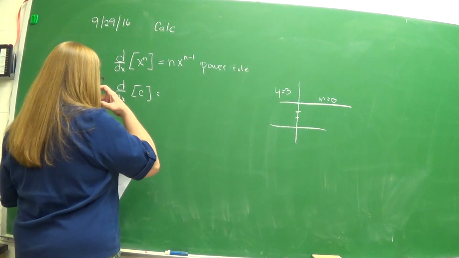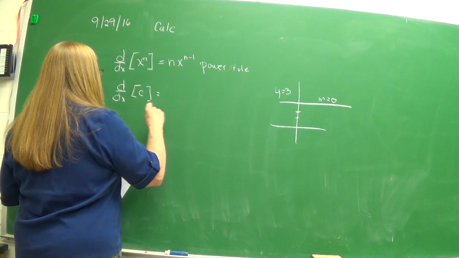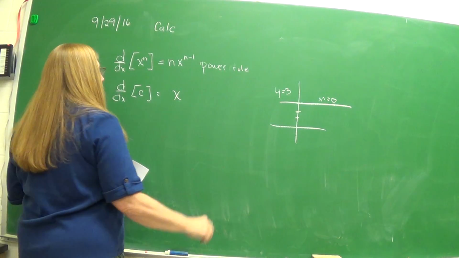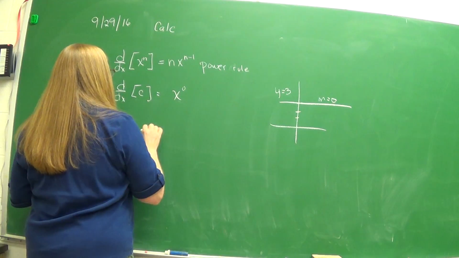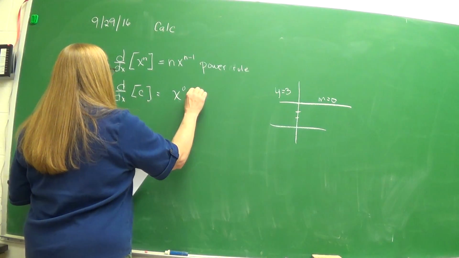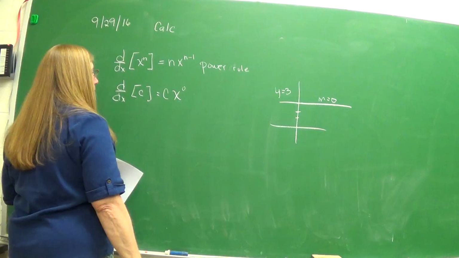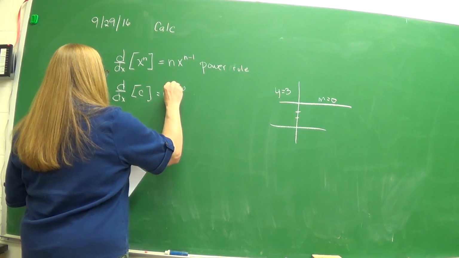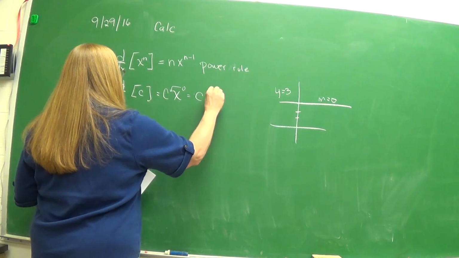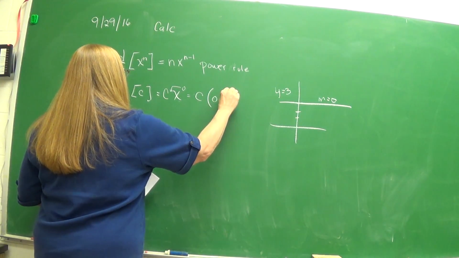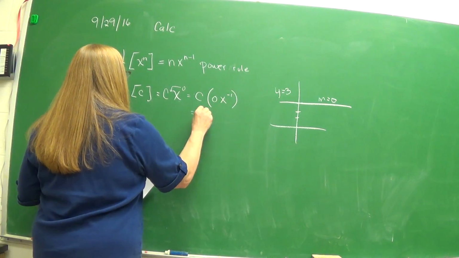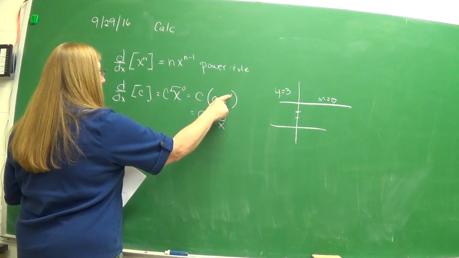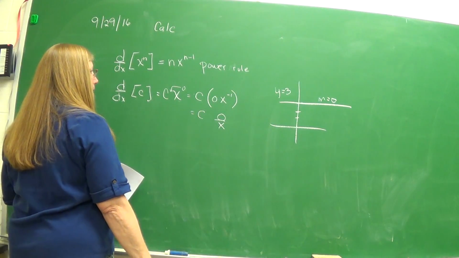Does it follow the power rule? Well, we can write c as c times x to what exponent? 0, because anything to the 0 is 1, times c. And when we do that, we know that the derivative is the 0 runs down in front, and the exponent decreases by 1, and we get 0 times c times x to the minus 1, which creates x in the denominator.